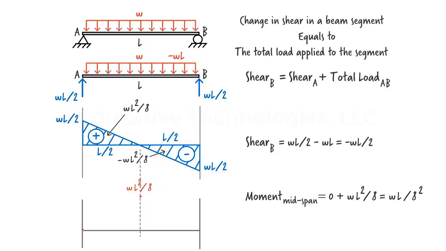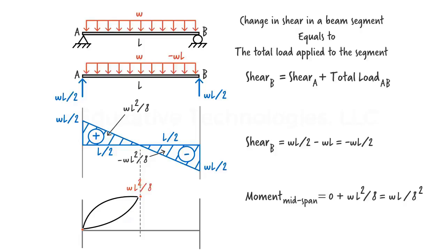In this example, since the shear diagram is linear, the shear polynomial has a degree of 1, then the moment diagram needs to be drawn using a polynomial of degree 2, a curve representing a quadratic equation. But such a curve can be drawn in two ways, either this way or this way.